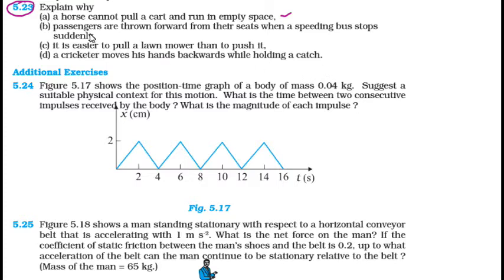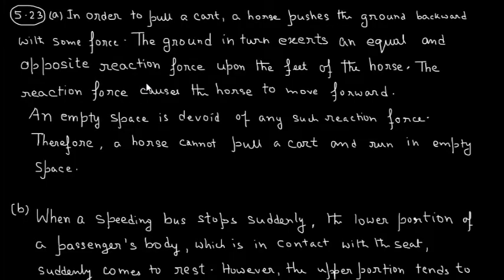So let us solve the first one. A horse cannot pull a cart and run in empty space. In order to pull a cart, a horse pushes the ground backward with a force.